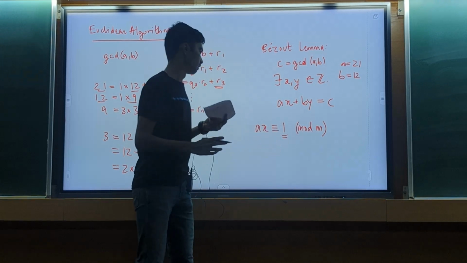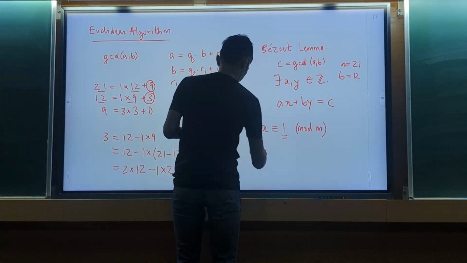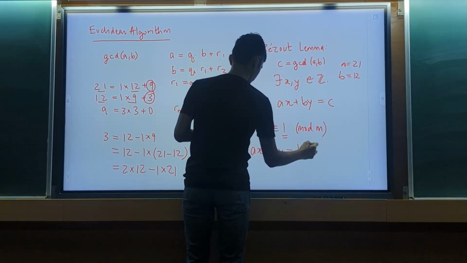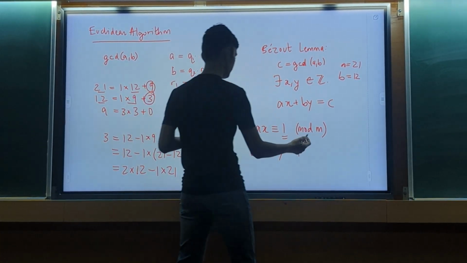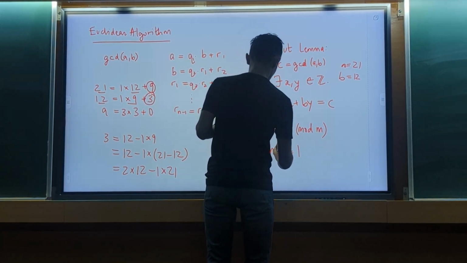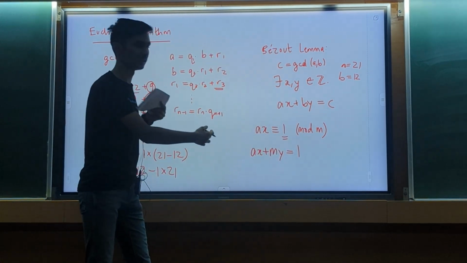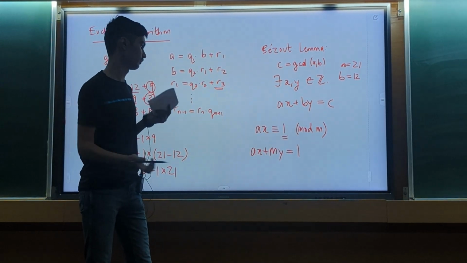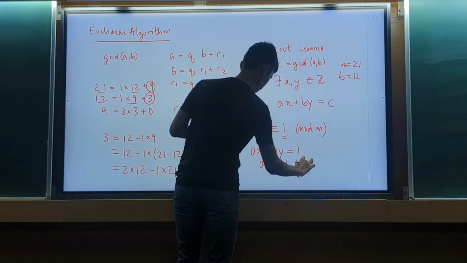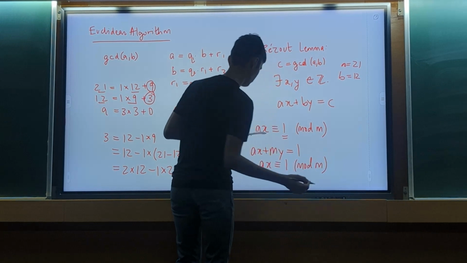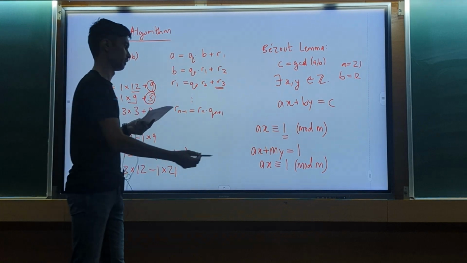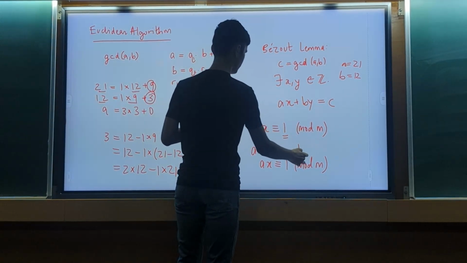The way we find the modular inverse is that we find integers such that ax plus by is equal to 1 because the GCD is 1, and then when we reduce this equality modulo m, we get that ax is congruent to 1. But if the GCD of a and m is not 1, then there will be some other integer over here.